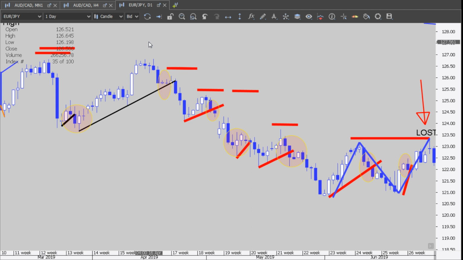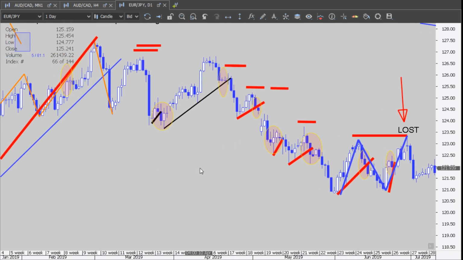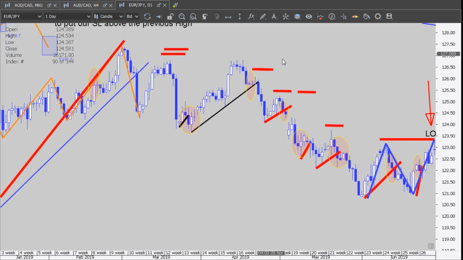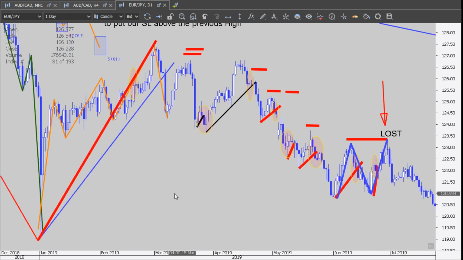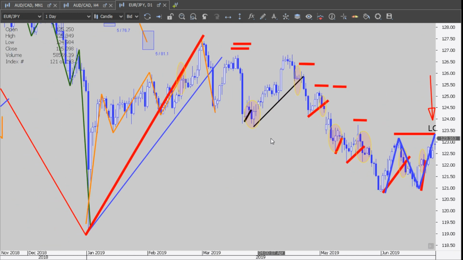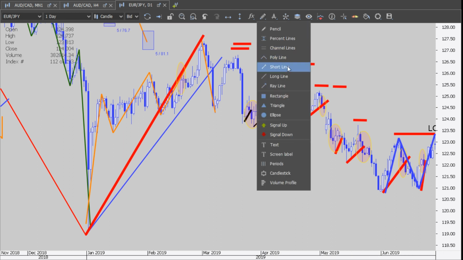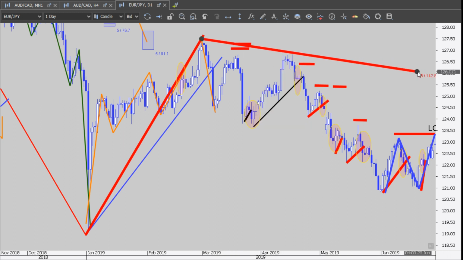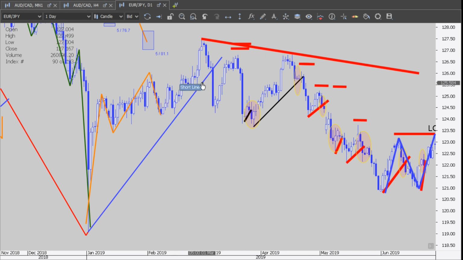Yes, sir. Congratulations, Max. So, if you are going to compress the chart, and we are here now, and I am going to put a downtrend line like this. I'm going to remove this.